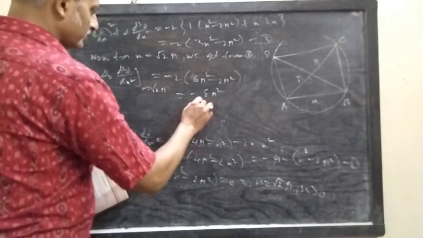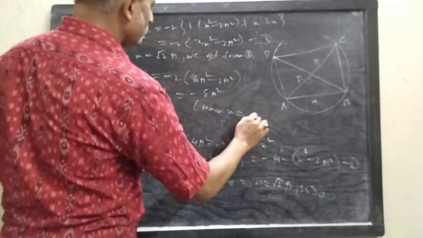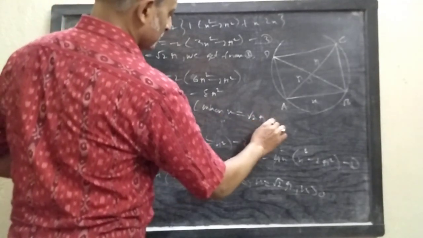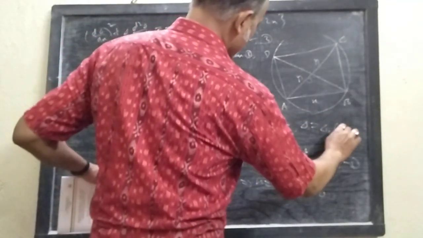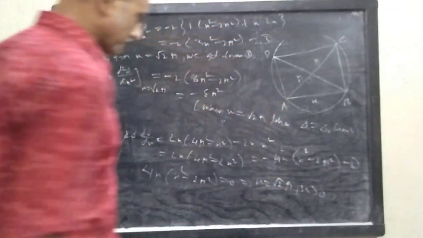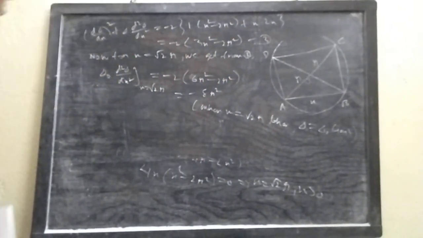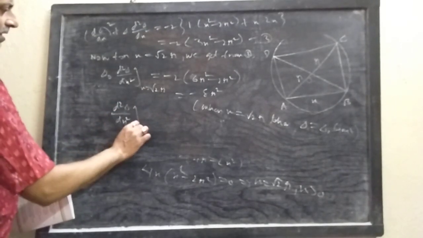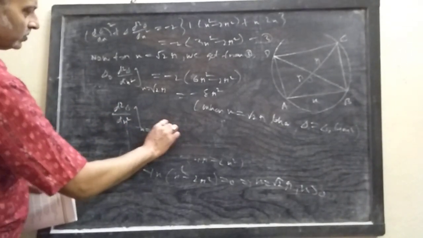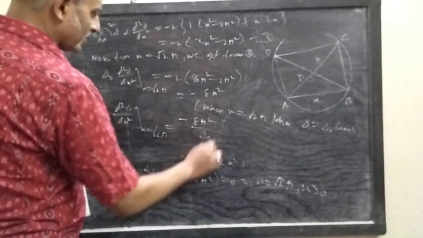So right here, when x equals root 2 R, then delta equals delta 0. Then we get d2 delta dx2 at x equals root 2 R becomes minus 8R square by delta 0.